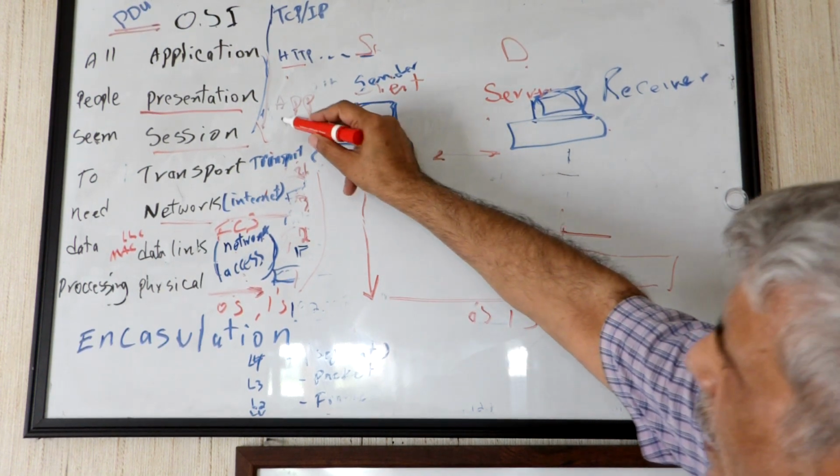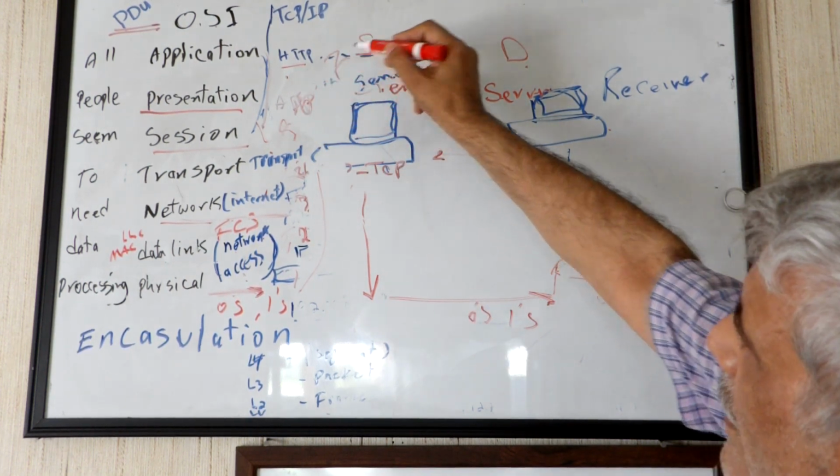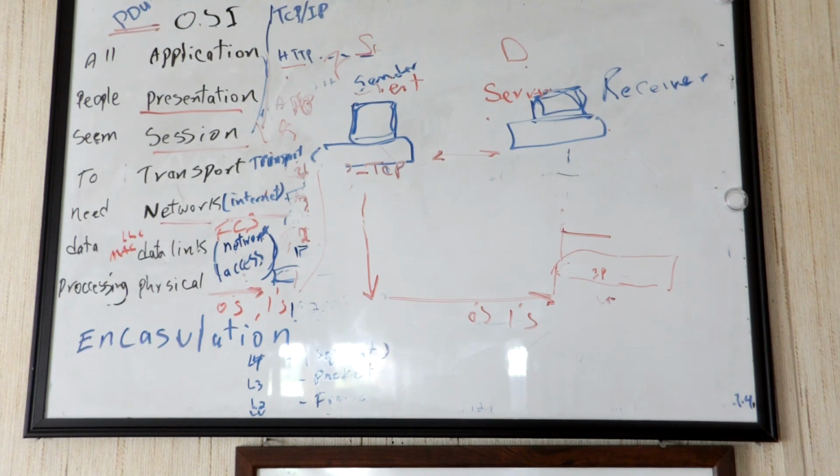But the upper levels, 5, 6, 7. From 5 to 7, data is obtained from the source application.